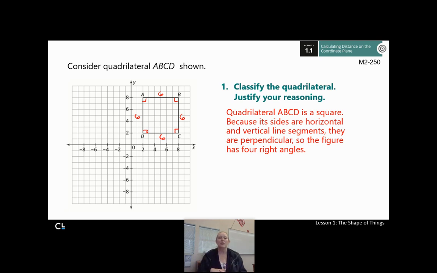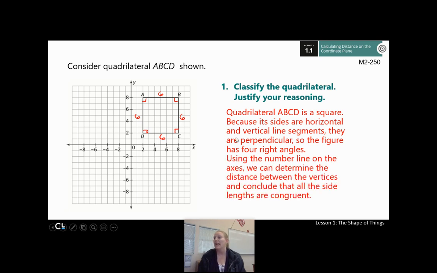Because its sides are horizontal and vertical line segments, they are perpendicular, so the figure does have 4 right angles. Using the number line on the axes, we can determine the distance between those vertices and conclude that all the side lengths are congruent. All of our side lengths were 6. So that was nice. That's a square. Yay.